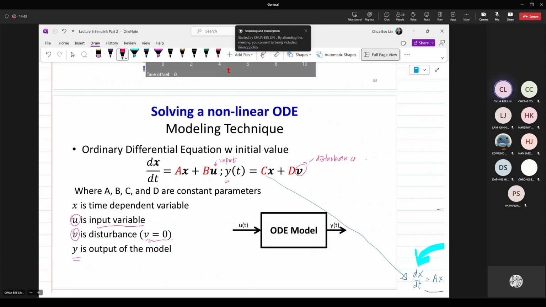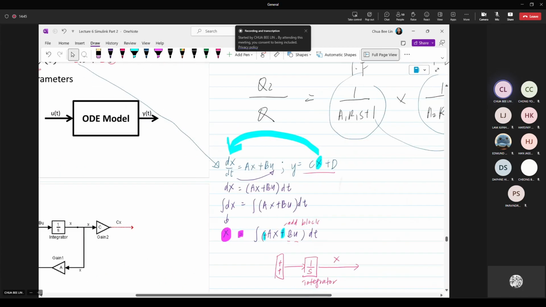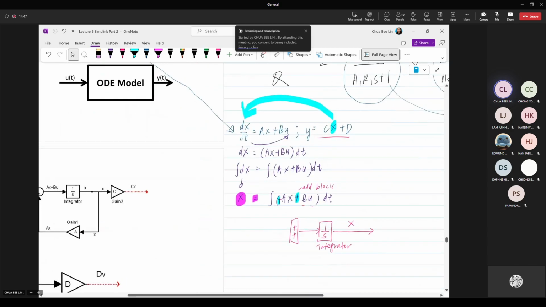So when you have this, you will sketch. Now your input is your u. So u is the input. First part, this one u, is the input, meaning that you have b multiplied with the input. That means the b must be a gain, because for multiplication you must use the gain.